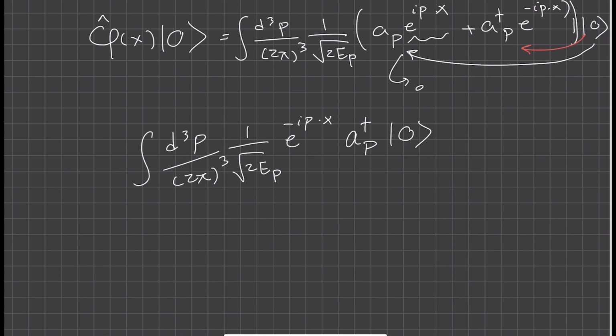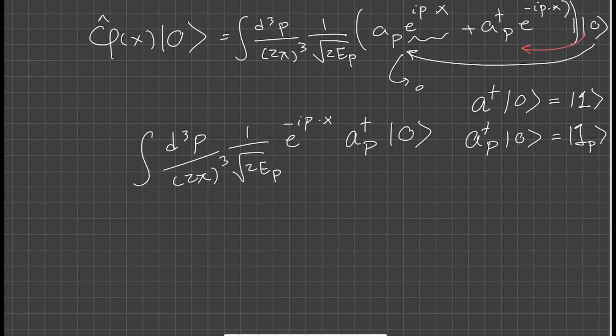So that's interesting to see how, in the case of the simple harmonic oscillator, we said if a† acts on state 0, that would give us state 1, right? So if a†_p acts on state 0, that would give us a state 1 of p.